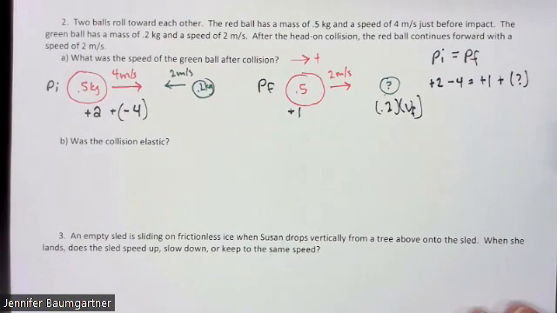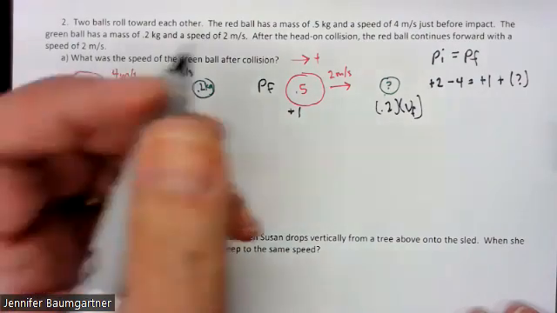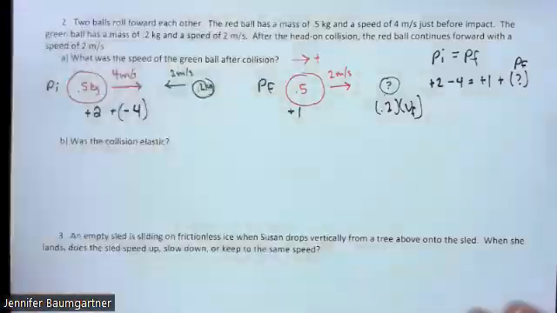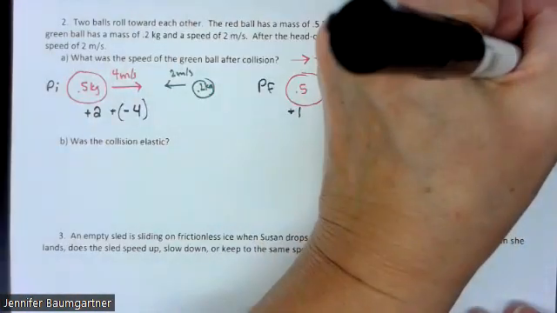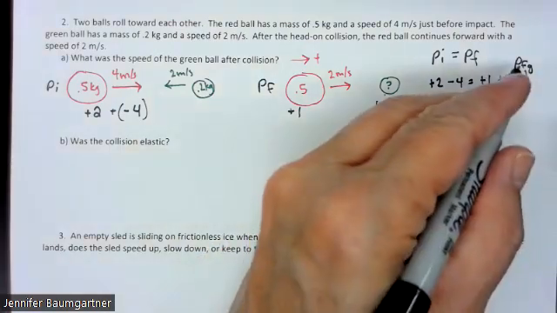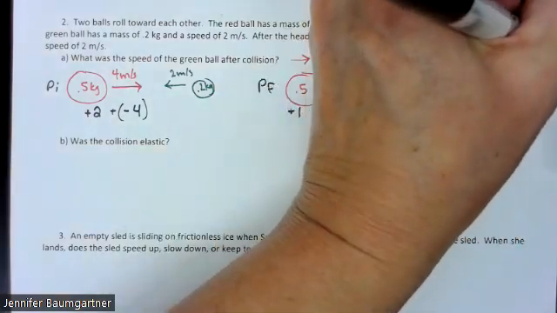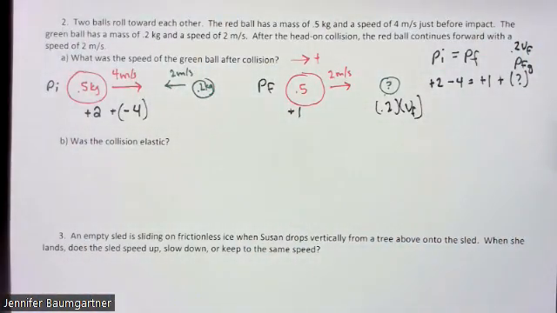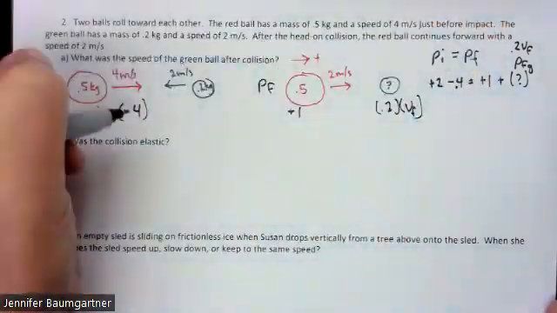This would actually be my momentum final of the green ball, so we're going to put this in as 0.2 v_f. I made a mistake earlier, this should have been 0.4.